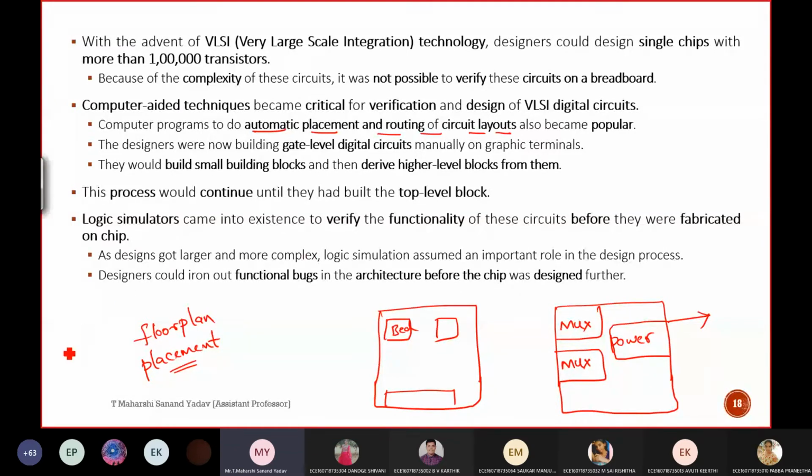This process comes under the backend. Whereas front end means writing Verilog codes. I will show you that flowchart also. There are two types of fields in VLSI: one is front end, the next is back end. Back end means we are dealing completely with CAD tools. You should be perfect with the theory part and in using those CAD tools so that you can get a job in backend.